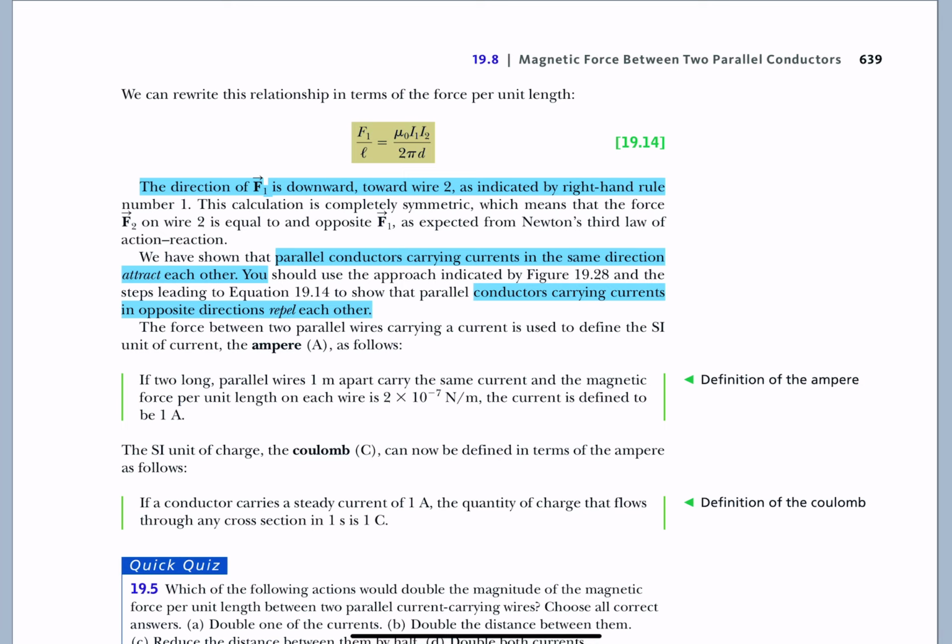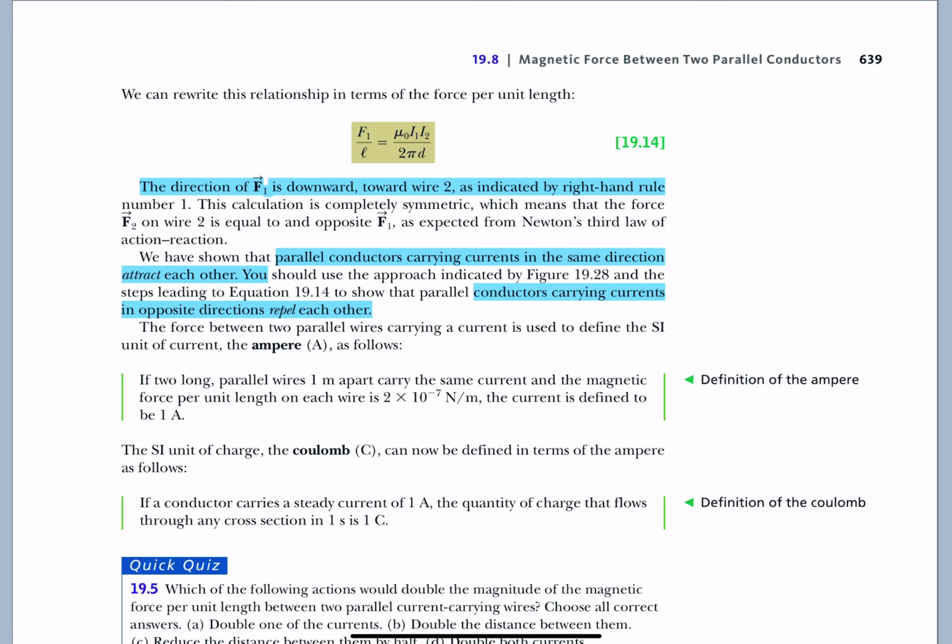As a result, parallel conductors that carry currents in the same direction will attract each other, because in the space between the two wires, if you use your right-hand rule, you get magnetic fields that are opposing each other, and opposites attract.